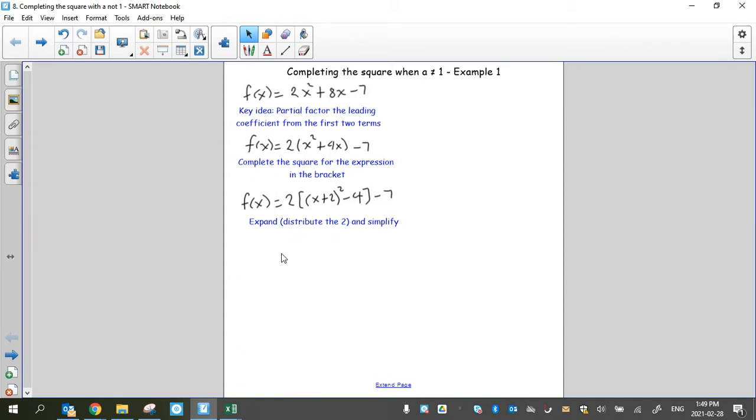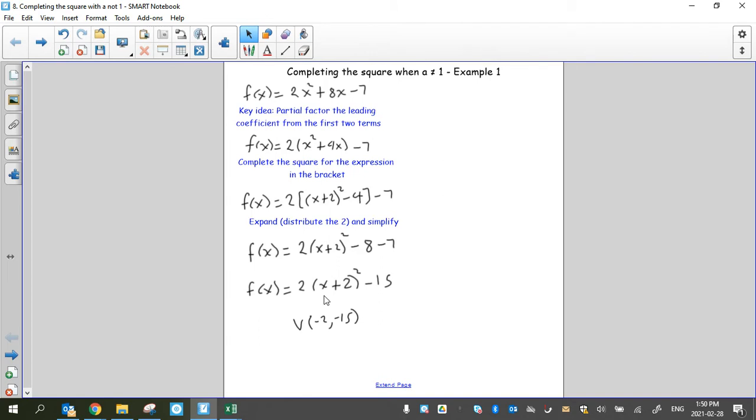So that's what this would look like. 2 times the bracket, the expression x plus 2 squared, minus 2 times negative 4 is negative 8, minus 7, and then we can just simplify the last two terms to negative 15, and that is the expression in vertex form. So 2 times (x plus 2) squared minus 15, we know that the vertex is at negative 2 comma negative 15, and of course notice that the leading coefficient was unchanged.